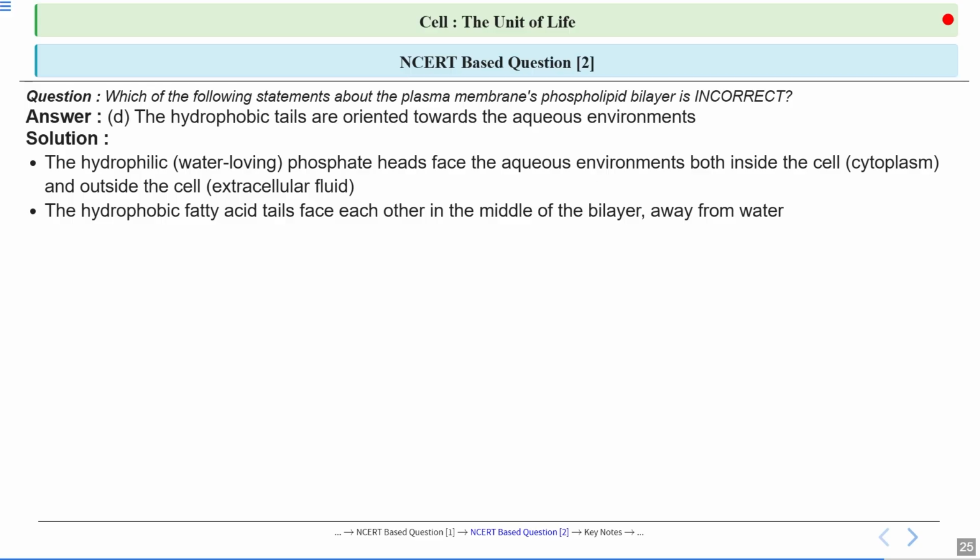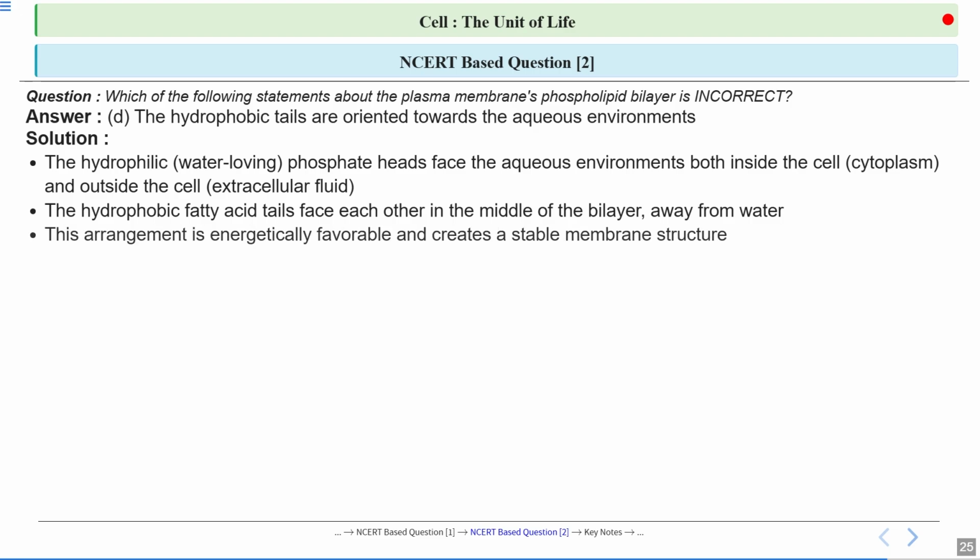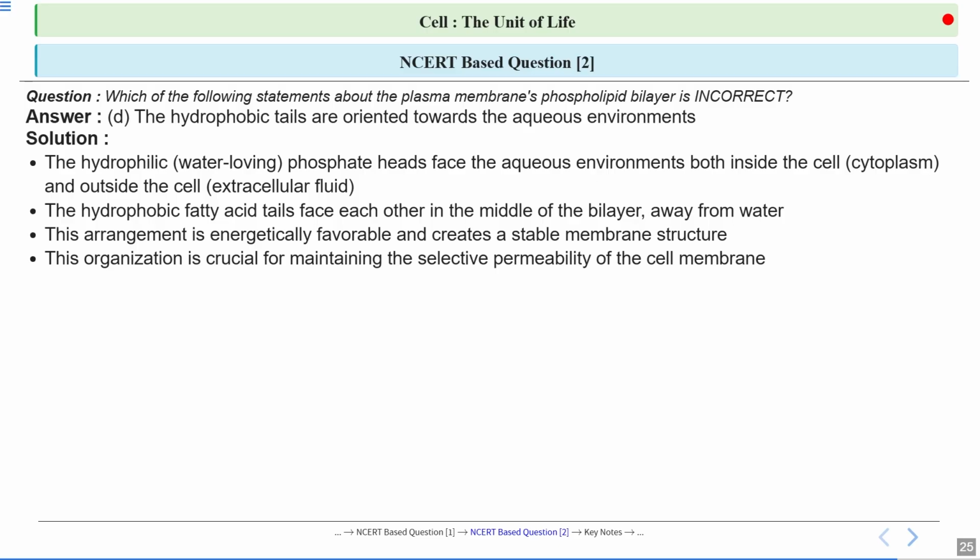The hydrophobic tails face each other in the middle of the bilayer, away from the water. This arrangement is energetically favorable and creates a stable membrane structure. This organization is crucial for maintaining the selective permeability of the cell membrane. This cell membrane is also known as the plasma membrane. It provides protection also.